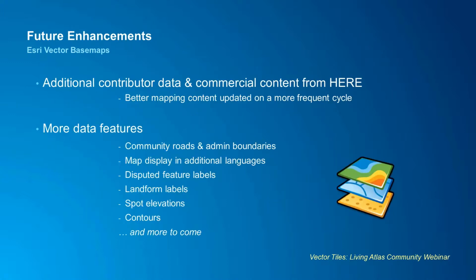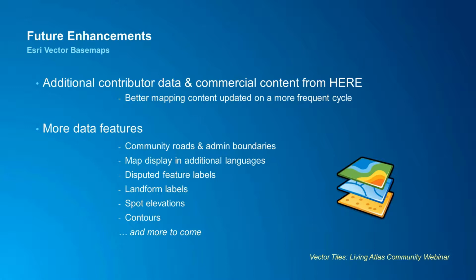We continue to add additional contributor data and commercial content from our data vendor. This better mapping content will be updated on a more frequent cycle. And we'll be adding more data features into the tile layers. This includes community roads and community administrative boundaries. We're working to improve the map display and provide additional language options.